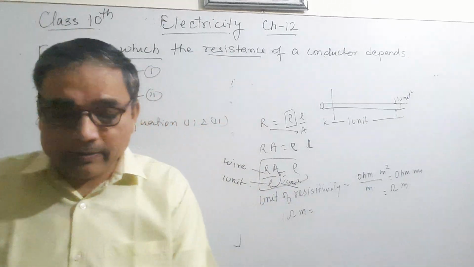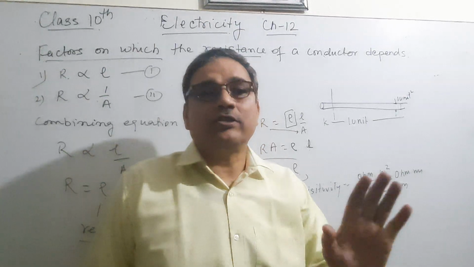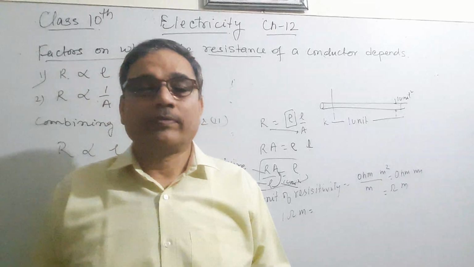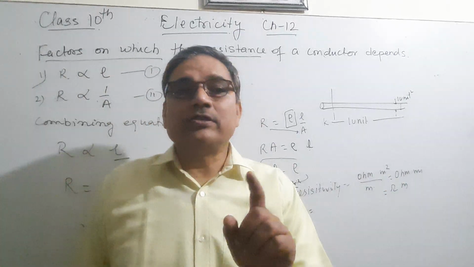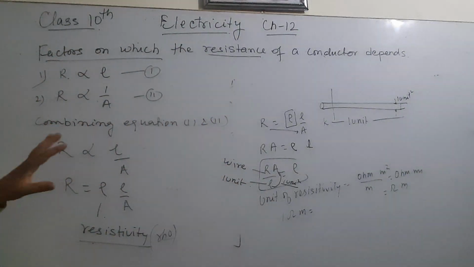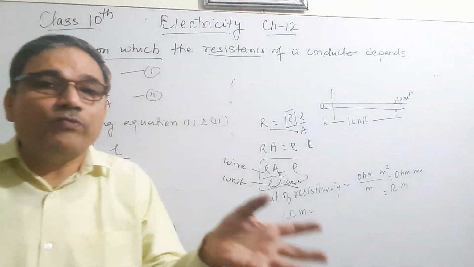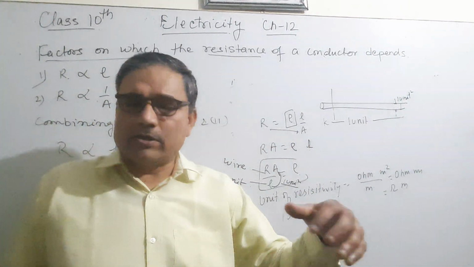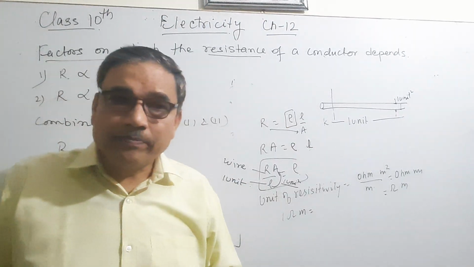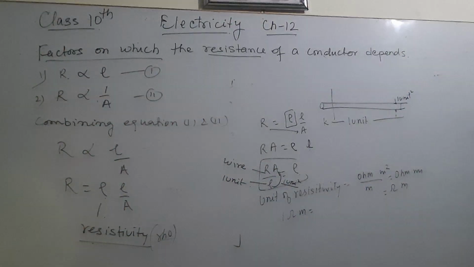And a poor conductor, which does not allow current to pass and resists the maximum amount of current, has more resistivity. The resistivity of an alloy is high. Why? Because they do not oxidize easily and they have a high melting point.